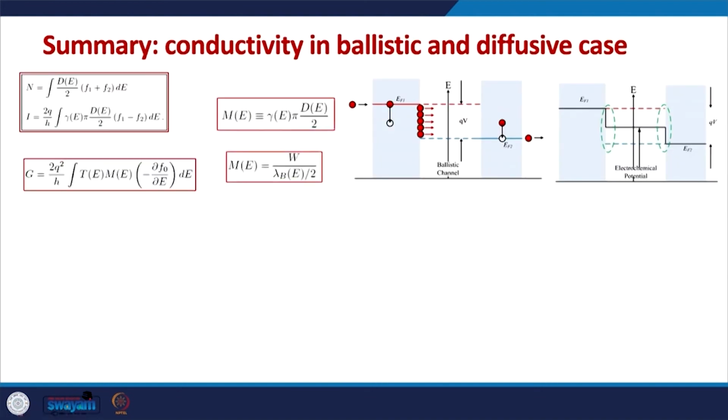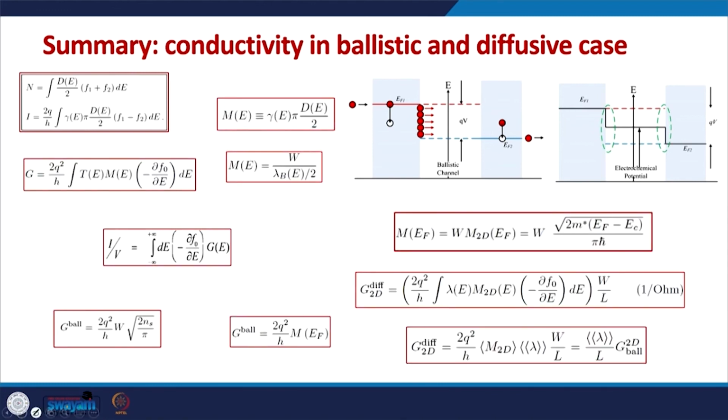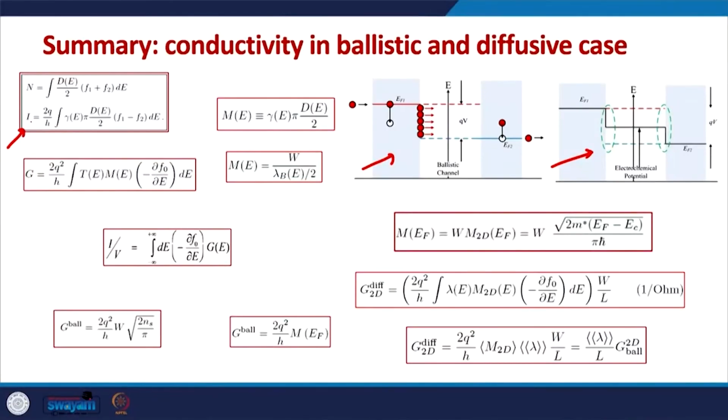Using this model, we will be able to understand where the power dissipation is happening, where the voltage drop is happening, where the resistance in a device is, what the expression for the current is, how many electrons are there in the device in steady state, what the conductance of the device is, as a consequence what the resistance of the device is, and how many conduction pathways there are in the device.